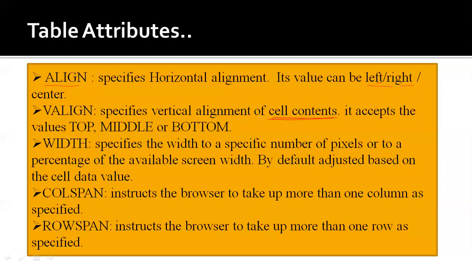It specifies the vertical alignment of the cell content, not the table. Next attribute is the width. It specifies the width of the table with a specific number of pixels, or we can specify percentage of the available screen width. And by default, it is adjusted based on the cell data values.